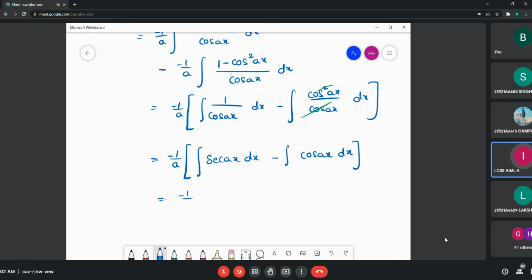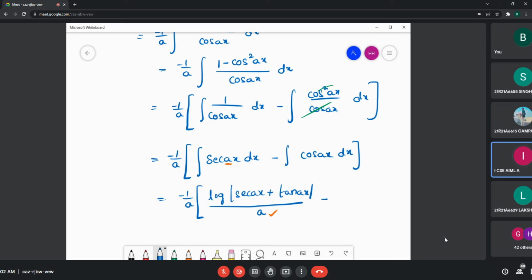So this is equal to minus 1 by a into, we know already the value of integration of secant ax. Integration of secant ax is log mod secant ax plus tan ax, whole divided by a. This is the formula. So here the constant a is there, so this constant a we will get in the denominator. So this is the integration of the first one.